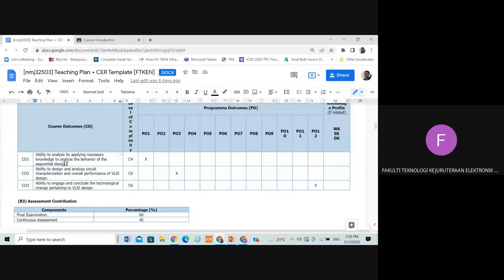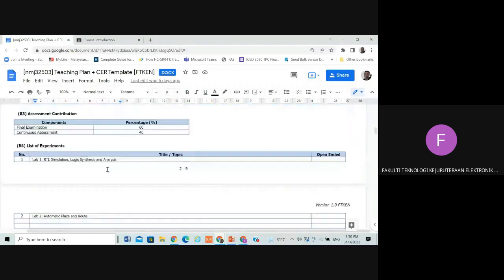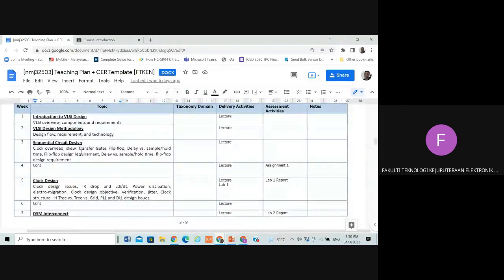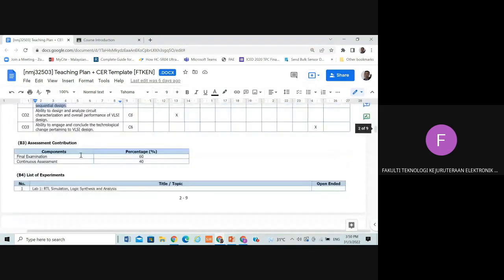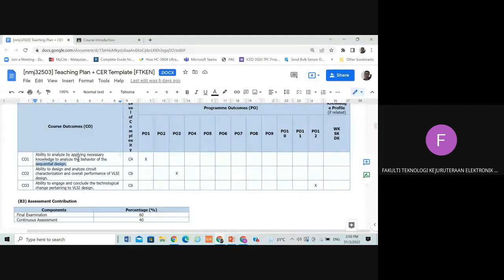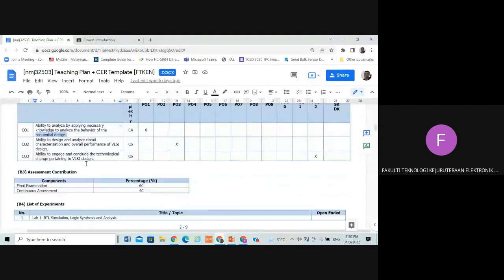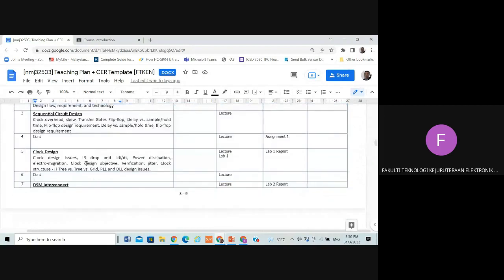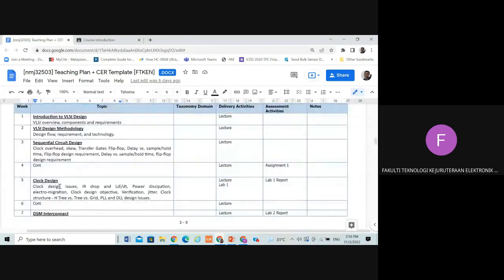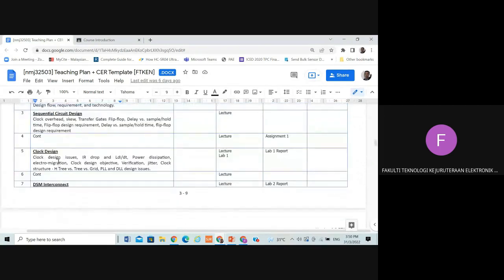Very important, so we allocate 2 weeks to cover this, because this is the main target for this subject. The student should have the ability to understand, analyze and apply the necessary knowledge to analyze the behavior of a sequential design. So 2 weeks we allocate for it, and then you will go to the clock design.